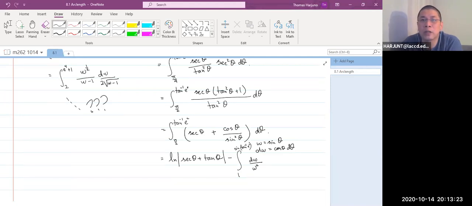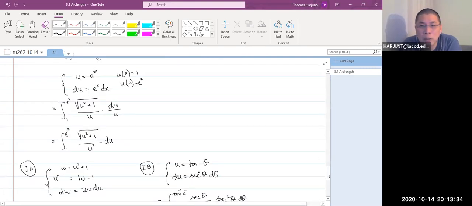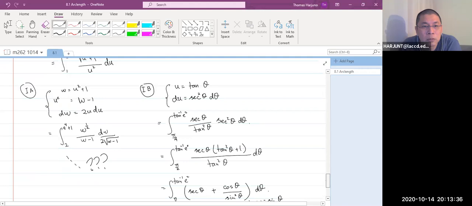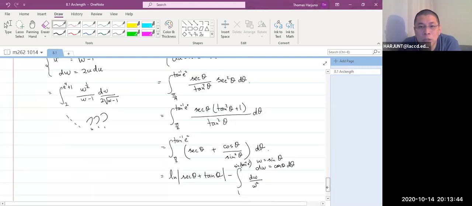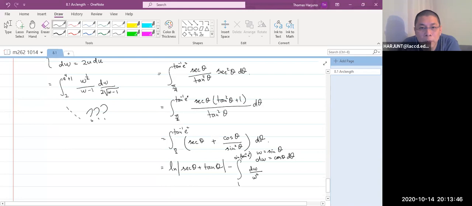Do I make any mistake? Why did it change to pi over 2 instead of 4? Let's see, what kind of substitution did I do there? Oh, pi over 4, thank you.